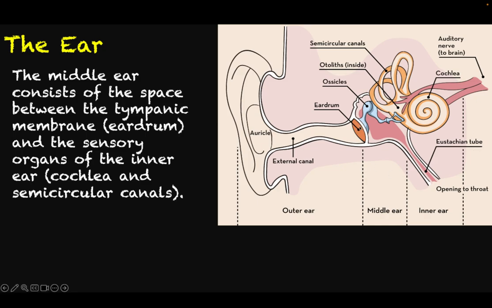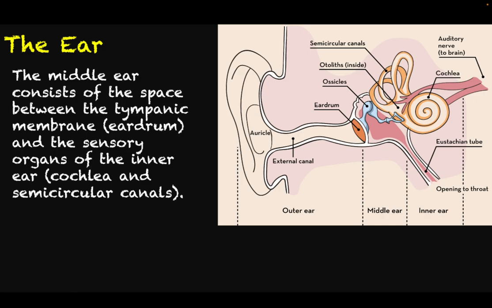Then those vibrations will be passed through the auditory ossicles, these tiny little bones here. And then those vibrations will cause fluid to move in the cochlea and in the semicircular canals. That will stimulate hair-like cells that help us to stimulate nervous messages that go to the brain to allow us to interpret the things that we're hearing.